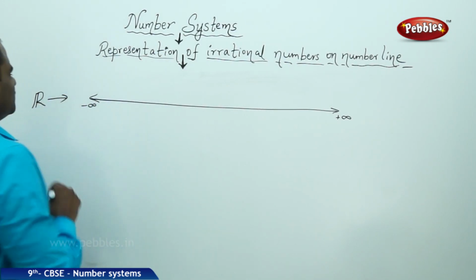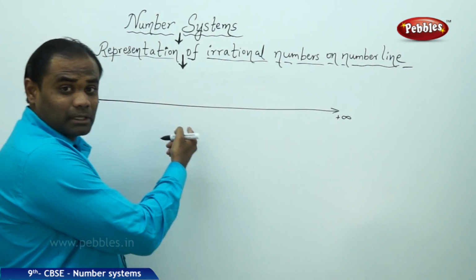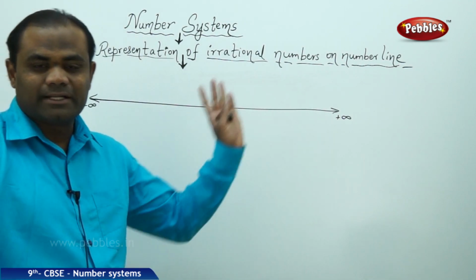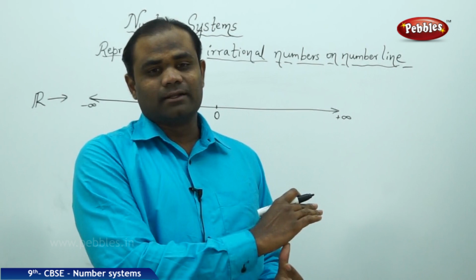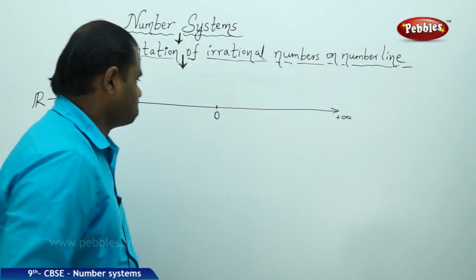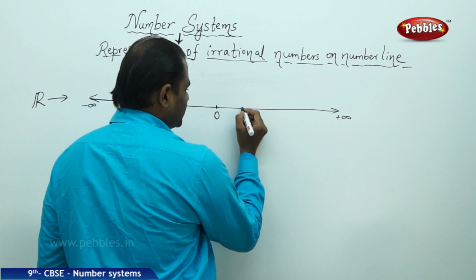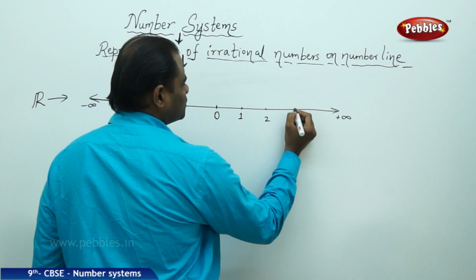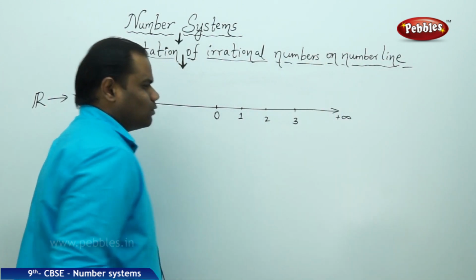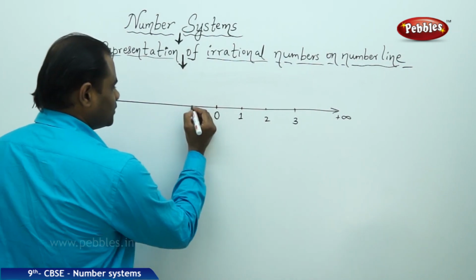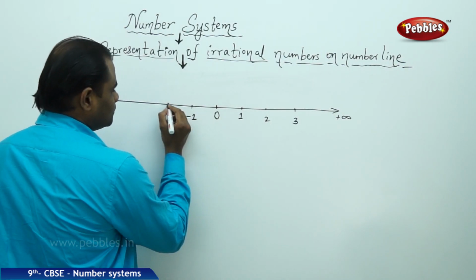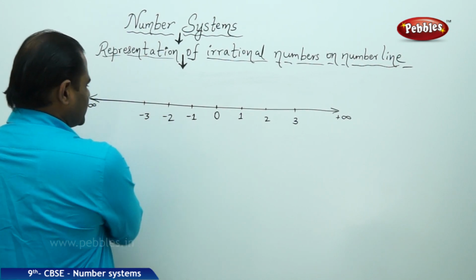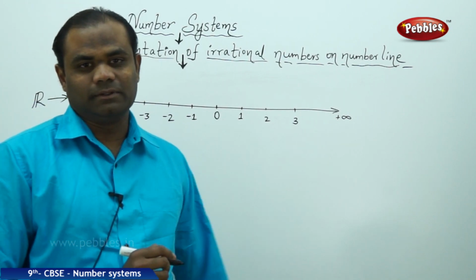Exactly in between is the neutral 0, from where on the right side you have all positive values and on the left side all negative values. Let me proceed with the right side of the values, which is 0, 1, and next comes 2 and 3, and so on to infinity on the right. Similarly, on the left, I have negative 1, negative 2, negative 3, and so on onto the negative side of infinity.